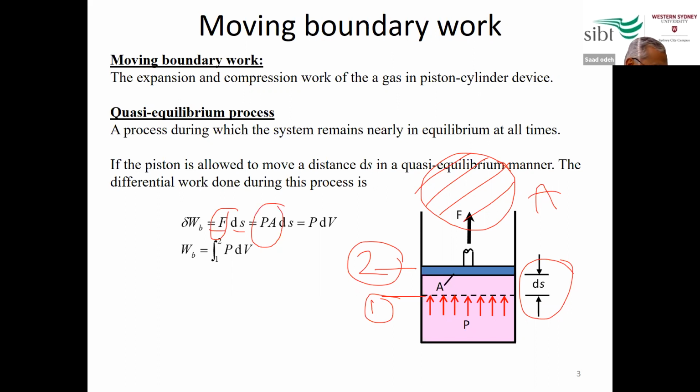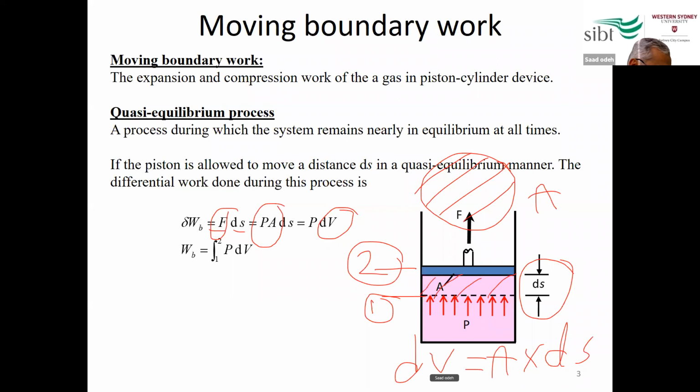And then I can put these two together. A multiplied by ds represents volume. If I want to find the volume of this part, it's simply the area of the circle multiplied by ds. This gives me dV, the change in volume of the gas.